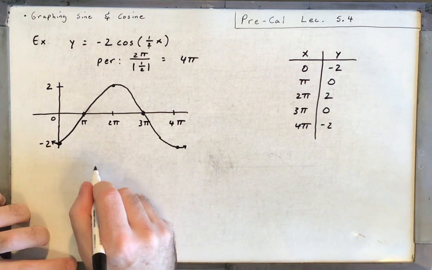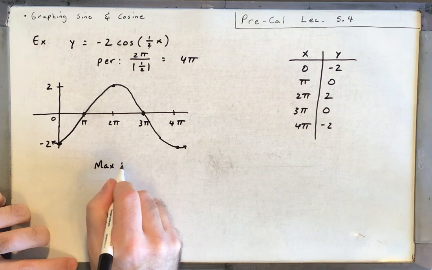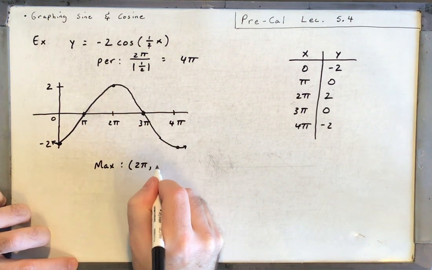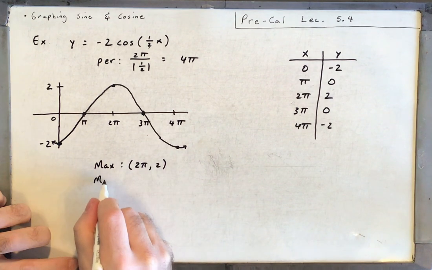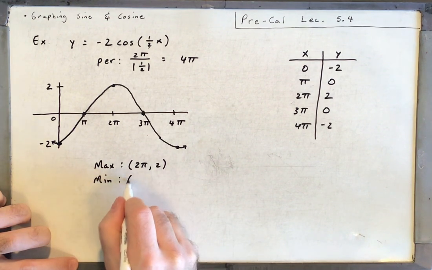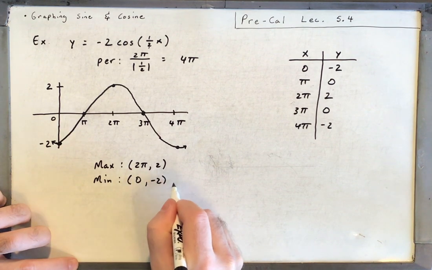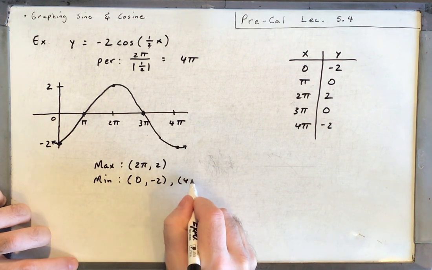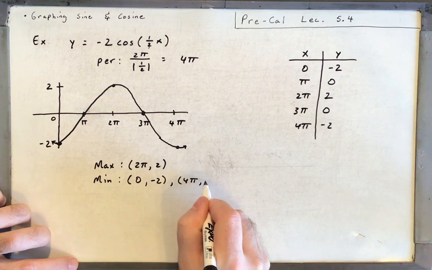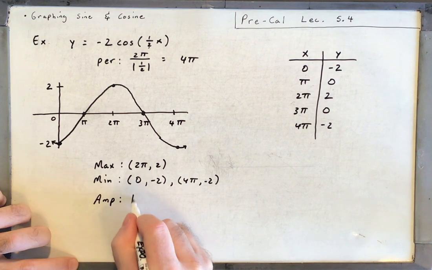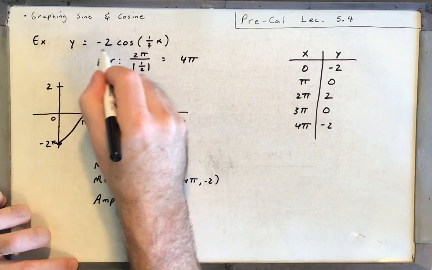So we have a max at the point 2 pi and 2. We have a minimum at 0, -2, and then we have another one at 4 pi, -2. Our amplitude is the absolute value of this number out front, a.